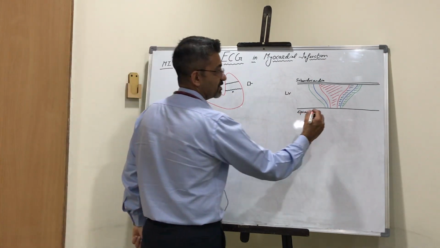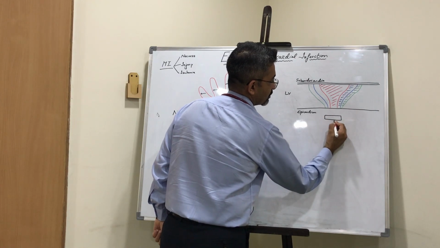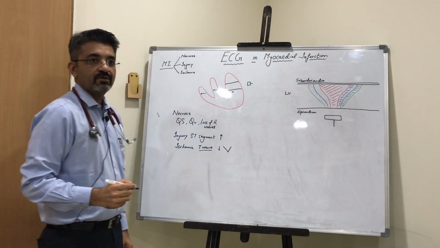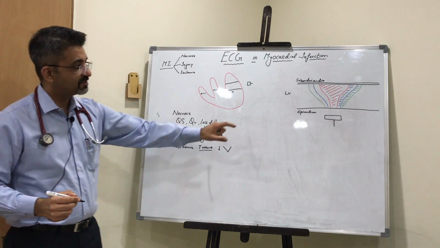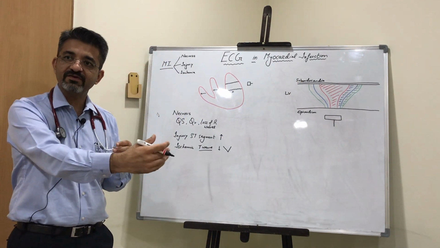Suppose I put an electrode here. This electrode is not placed directly on the muscle. It is placed somewhat farther away from the muscle.